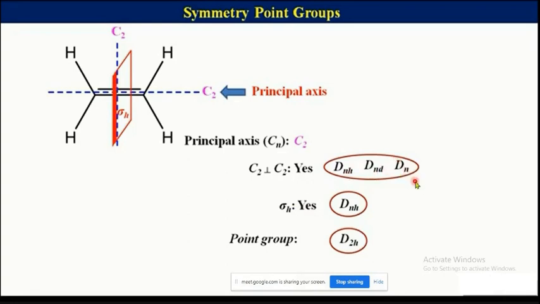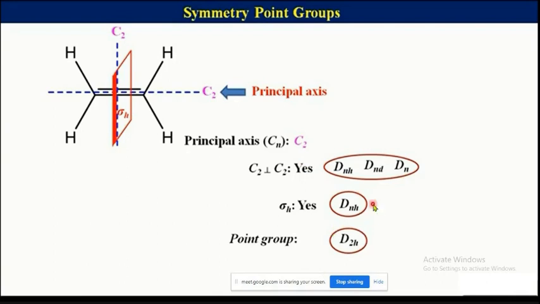So what next thing are you going to look for in the molecule? It is sigma h, whether sigma h is present or not. Here I have drawn this sigma h with the help of this red plane, which contains the C2 and is perpendicular to the principal axis. So basically these two, Dnd and Dn, are ruled out. So what will be the point group? Dnh is possible.